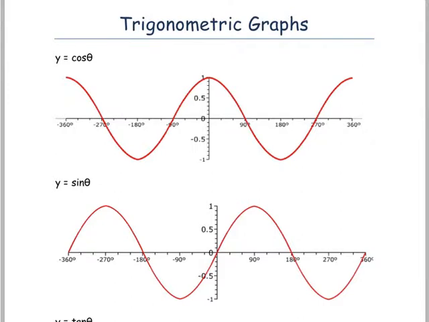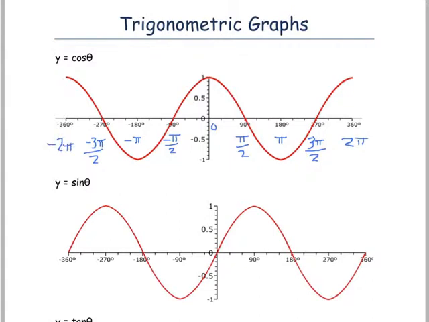So remember from the video we did on radians that 360 is equal to 2 pi, so 270 is 3 pi divided by 2, 180 is equal to pi, 90 is equal to pi over 2, and 0 is 0. If we go into negatives, minus pi over 2, minus pi, minus 3 pi over 2, and minus 2 pi.